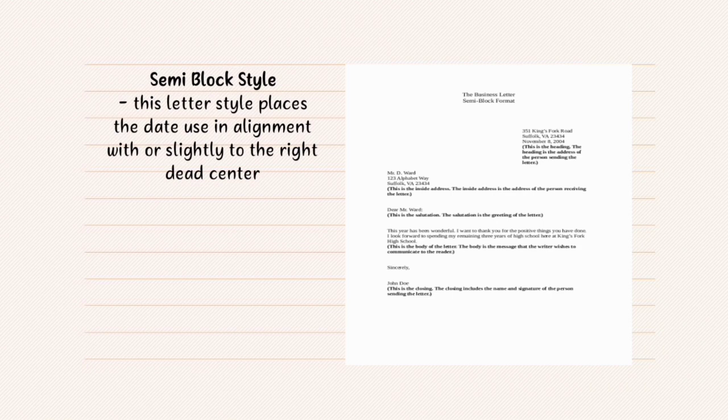All elements are left aligned except for the beginning of each paragraph, which is indented 5 spaces. As you can see, the first line of the paragraph of the letter is on the right side.